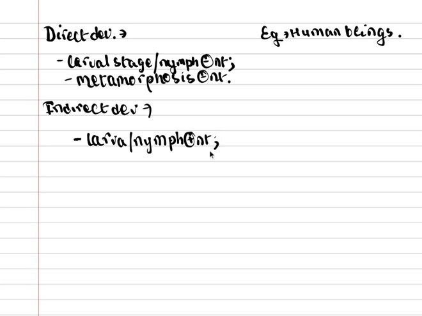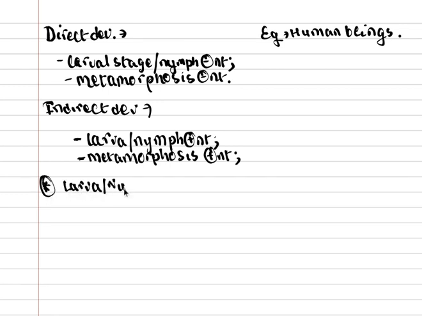Next difference is metamorphosis. As larvae are present, metamorphosis should also be present. This is the process of formation of larva. Metamorphosis present. Some of you may not know what is larva, so I am giving a definition about larva also.